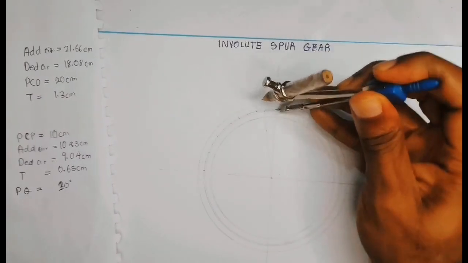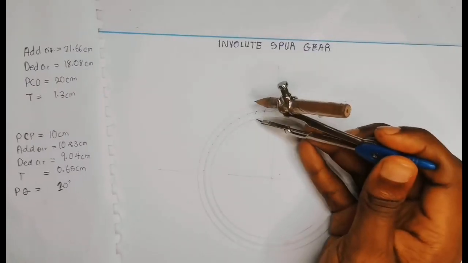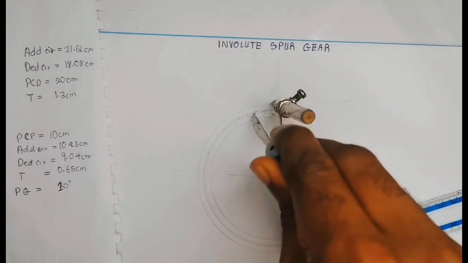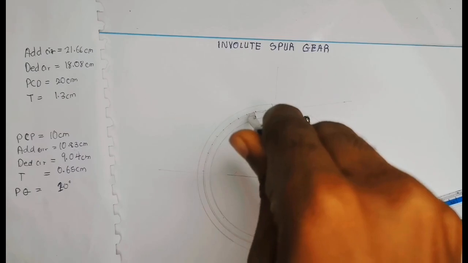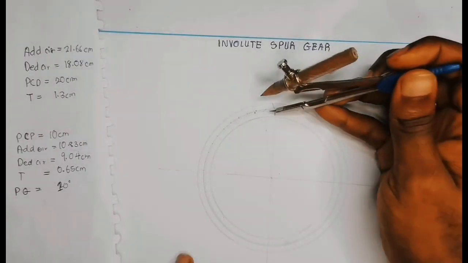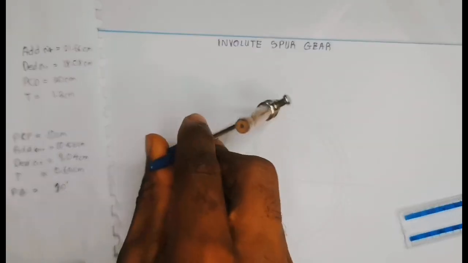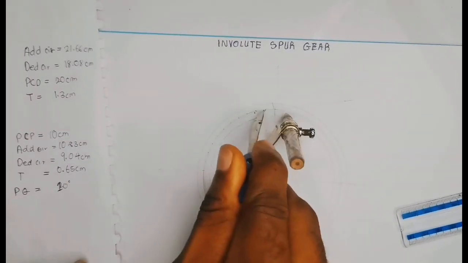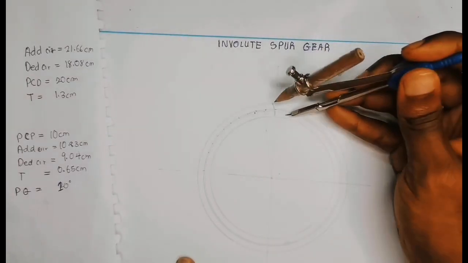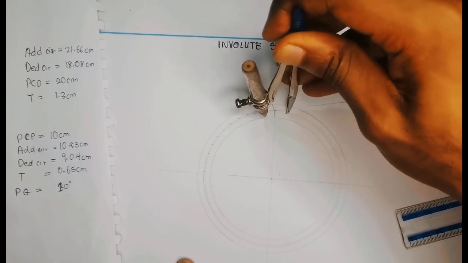So pin here, cut the basic circle, pin at this basic circle where we cut, and extend here and draw an arc. We do the same thing here for the next teeth. Extend to the basic circle, pin at where we cut, and draw the remaining teeth.